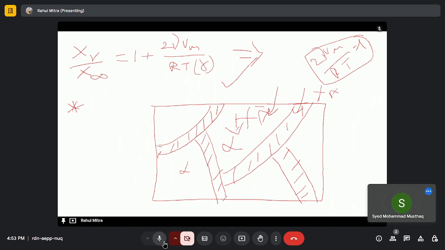For example, I'm just taking the X direction. Now how the free energy, or the surface free energy, that means the free energy of the grain boundary, the surface energy of the grain boundary, will be affected by the composition of the grain.